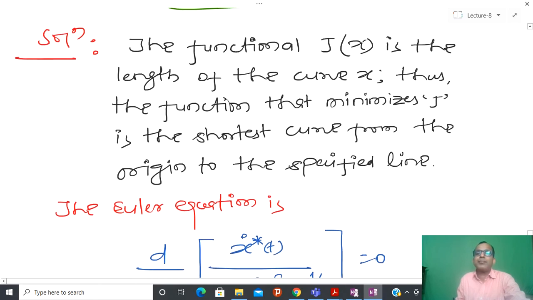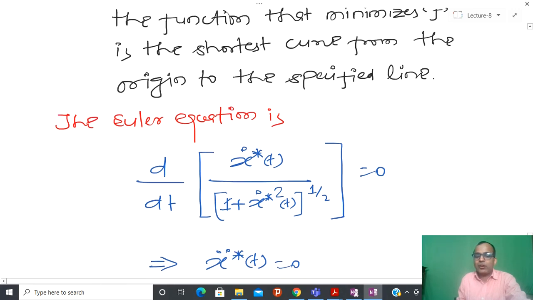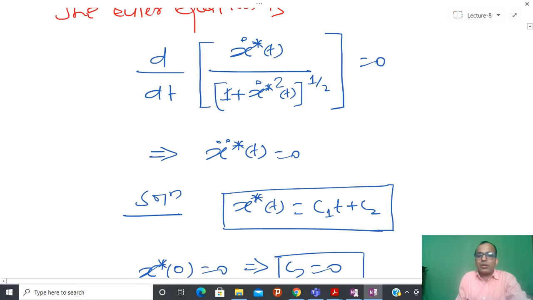So the first step remains the same: I have to solve the Euler-Lagrange equation, and we have already seen in type 1 that if you solve the Euler-Lagrange equation, then the second order equation x double dot star, where x star basically represents the optimal or extremal trajectory, equals 0.